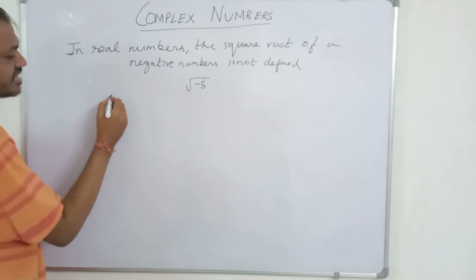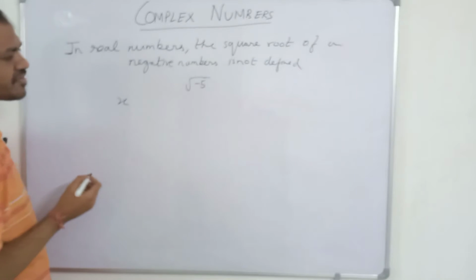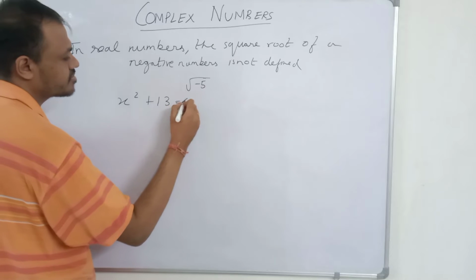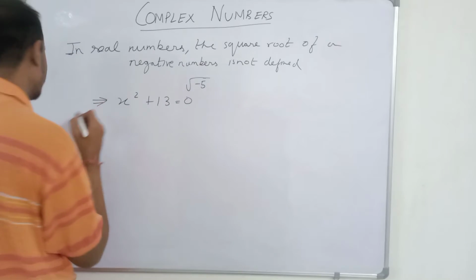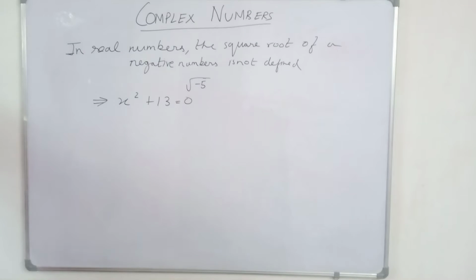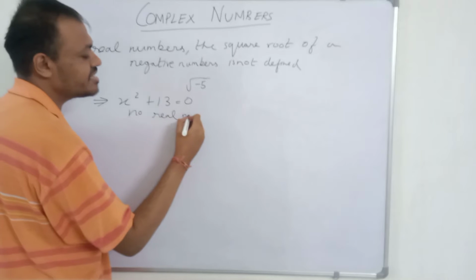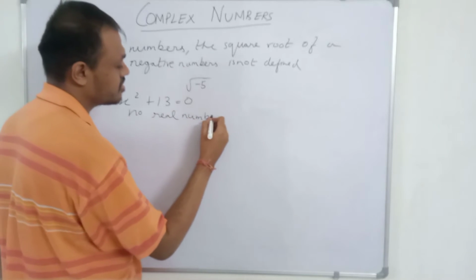So when we want to find solutions of an equation like x square plus 13 equal to 0, suppose we have an equation like this, then no real number will satisfy this equation.